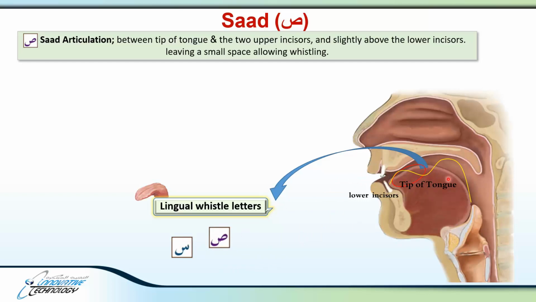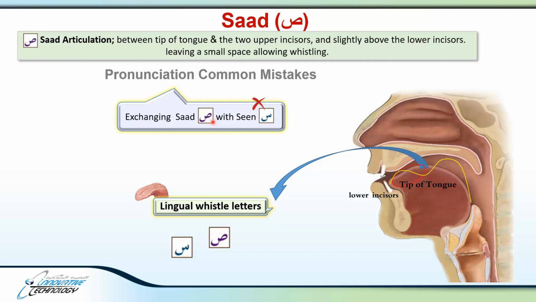Os and s are close, and that's why people tend to replace the os with an s when they don't know it. So a common pronunciation mistake for the sad is to replace it or exchange the sad with a sin. An example is al-masir. Al-masir means fate. If they replace the sad with a sin, it will sound like al-masir, which means walking.